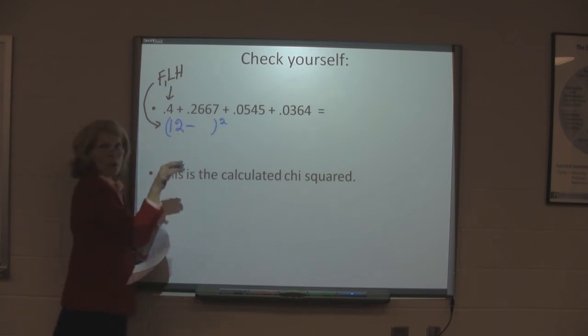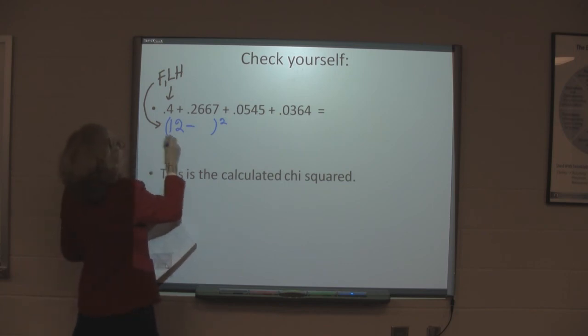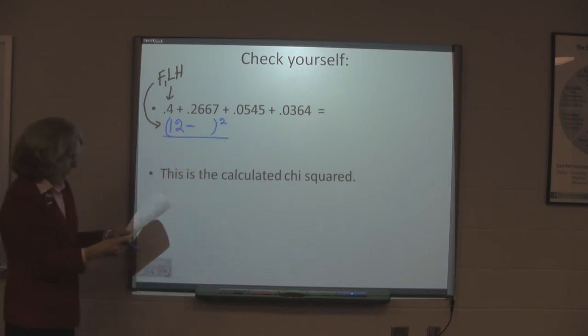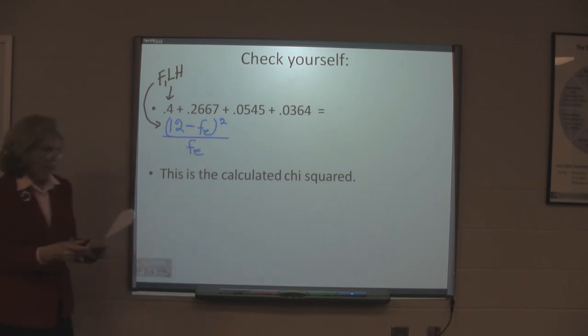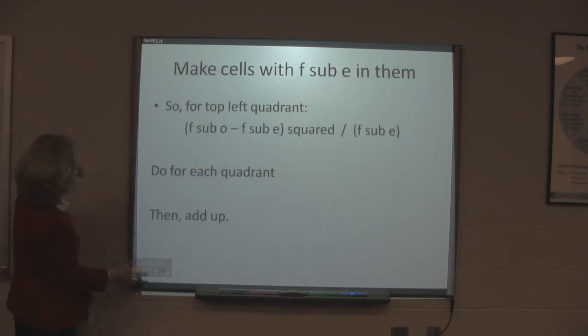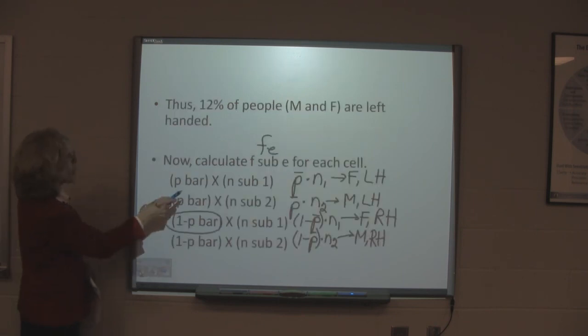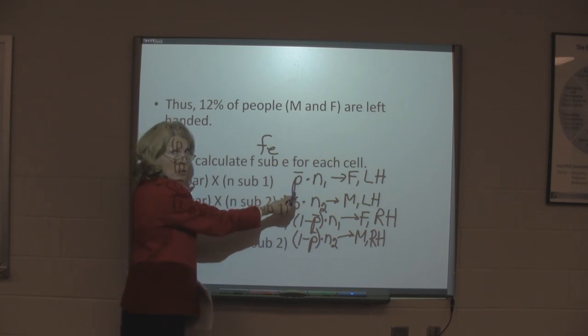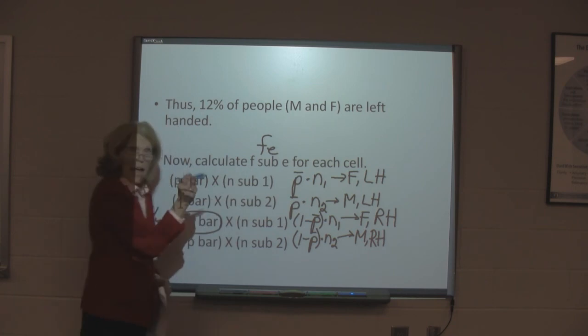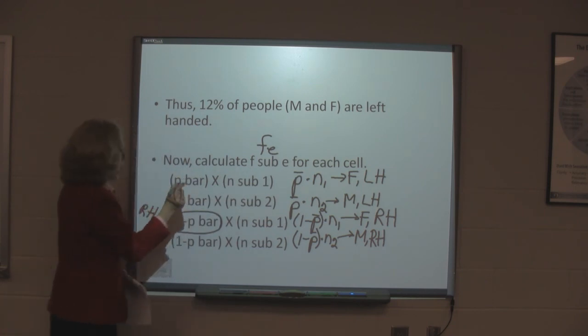I like to put the squares on because I forget otherwise. Over F sub E, and this is F sub E. Okay, so let's go back. In the top left-hand quadrant, we're going to have the P bar, which was 12%. 12% times N sub 1, which was 120.